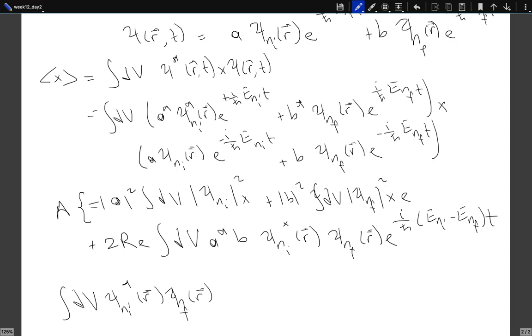So I'm just summing a complex number with its complex conjugate. That just gives me twice the real part. A star B and A B star have the same real part; they are just complex conjugates of each other, so they have the same real part and opposite imaginary parts.